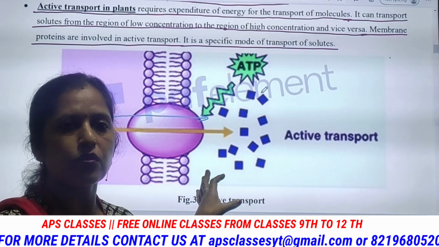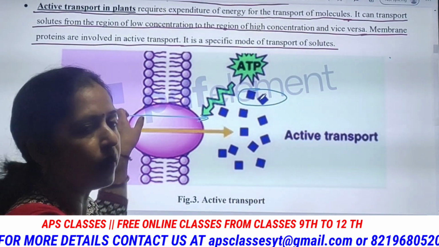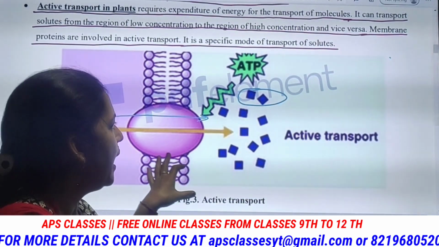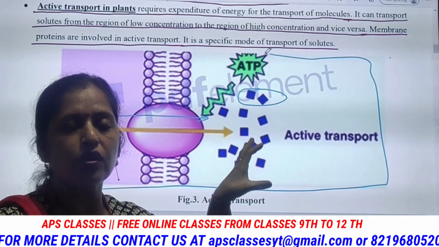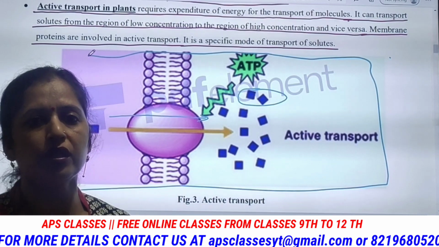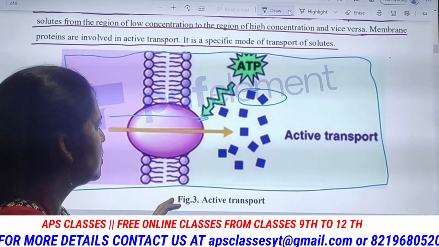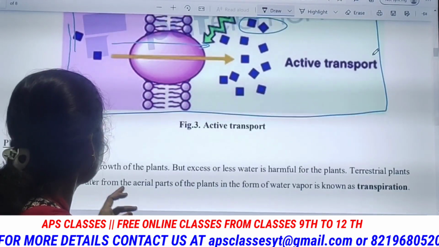This is the specific mode of transport of solutes, and in this case a special type of expenditure of energy is needed for the transport of the molecules or solutes. So this is the representation of active transport.